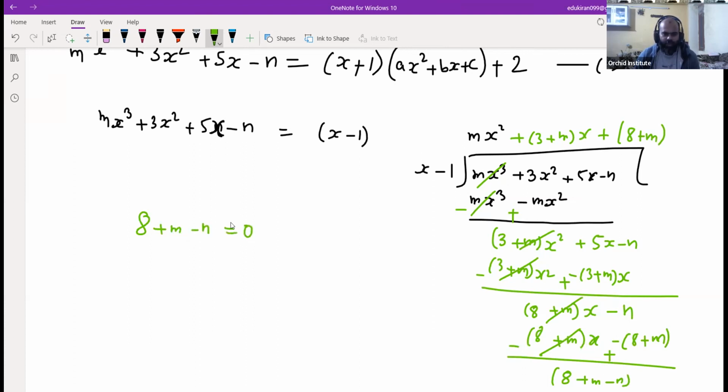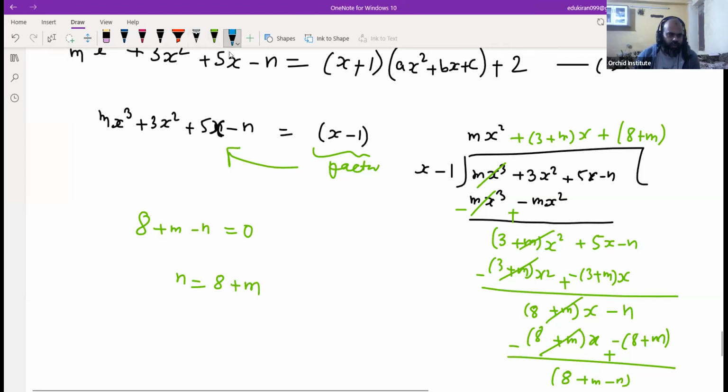This should be equal to 0 because it is saying that x minus 1 is a factor of this. So if it is a factor, then the remainder should be 0. That will give you n as 8 plus m. So this is one thing which we have achieved.